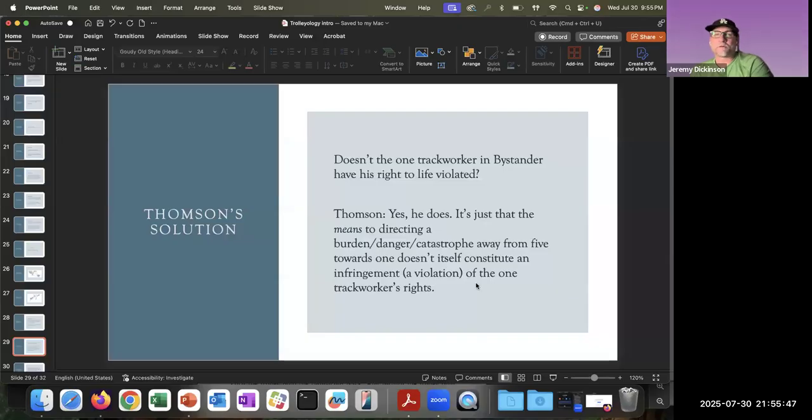So even in the original trolley case, there's a sacrificing of rights. Of course, the one track worker's right to life, right not to be killed, and all the rest has been violated. Okay. But what Thomson might say in that case is, right, the means taken, flipping the switch to send the trolley to the one track worker, itself doesn't constitute a rights violation.